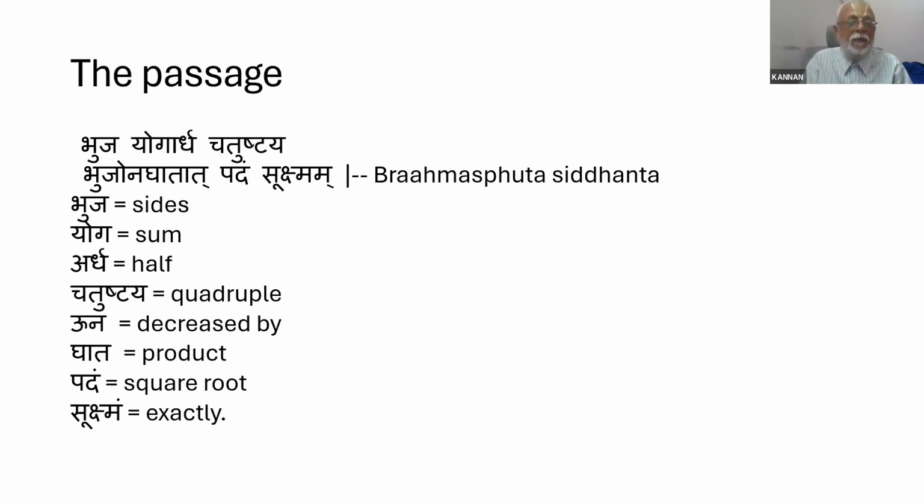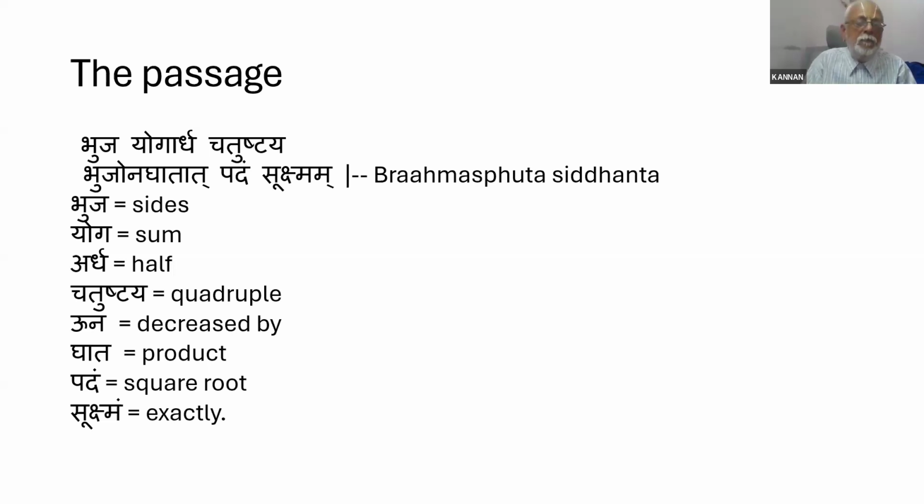That product is taken. Next word is padam. The word padam is a technical term. Even though it means word, here it is a mathematical technical term, square root. Not only here, in many other mathematics textbooks of Sanskrit, we find that padam means square root. It is given in Sanskrit dictionaries also. Now, square root is taken for this product.